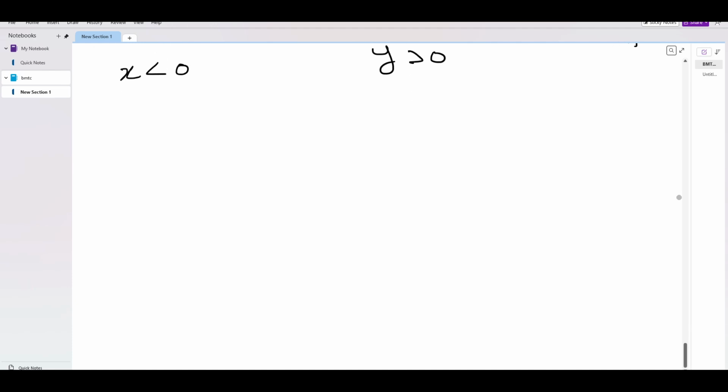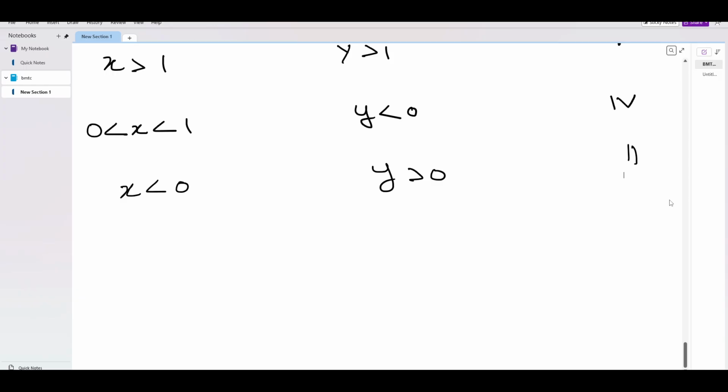After that we can sketch the graph. It will be like this.